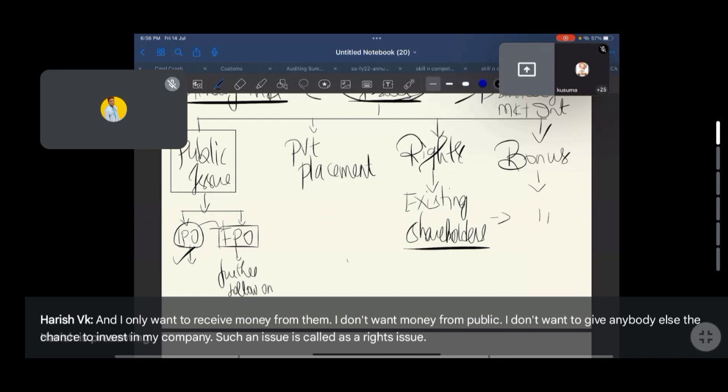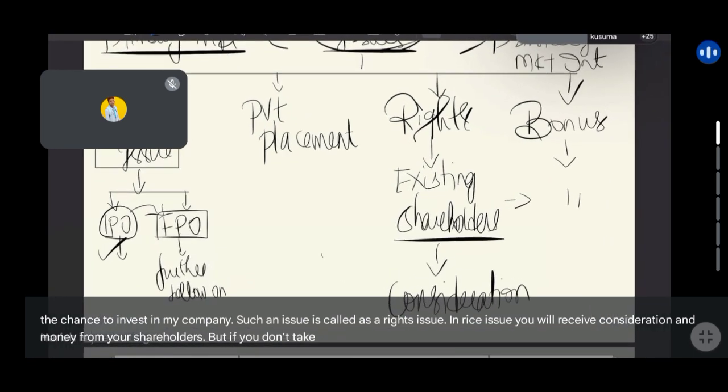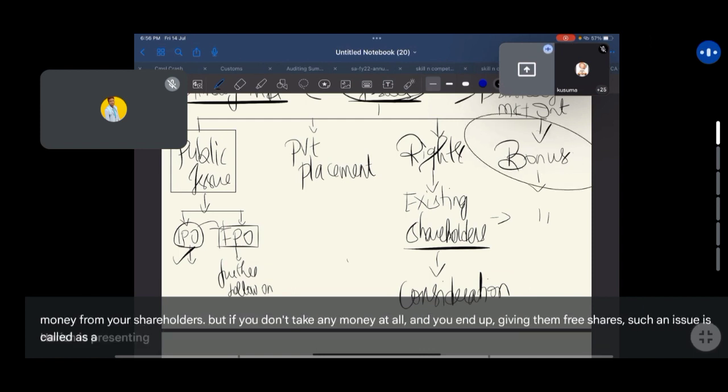And in a rights issue, you receive consideration and money from your shareholders. But if you don't take any money at all and you end up giving them free shares, such an issue is called a bonus issue. Are we clear?